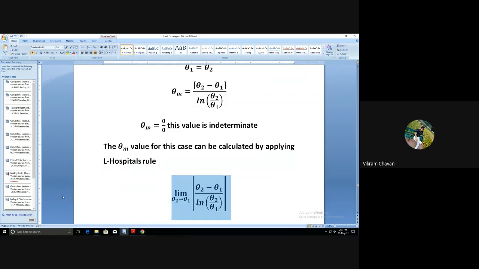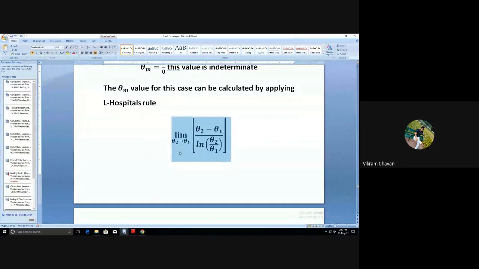So for that reason, we have to apply the limits. Limit theta 2 tends to theta 1 of theta 2 minus theta 1 divided by ln of theta 2 divided by theta 1. Then further we have to change the limits.